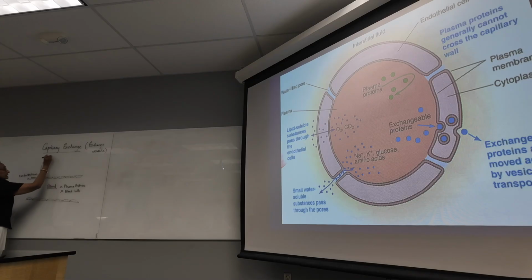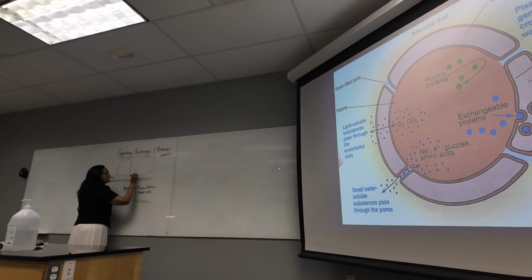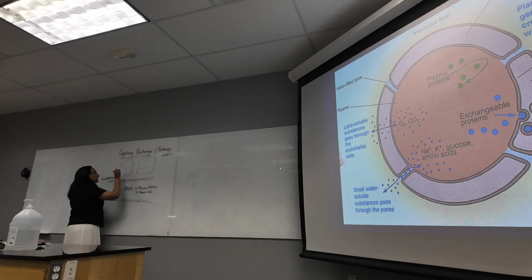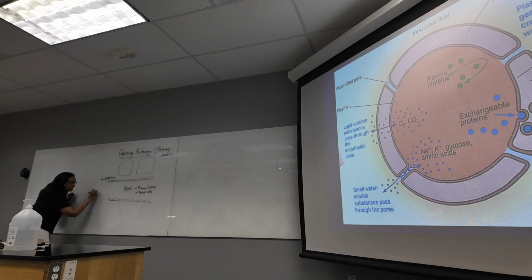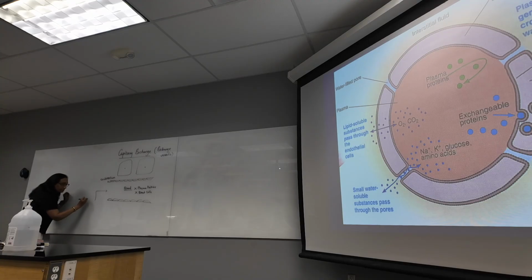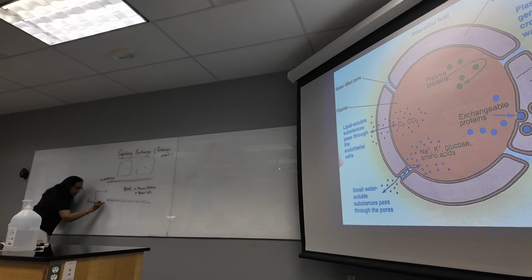Let's representatively draw some cells here. These are the tissues. As blood enters the capillary, this is the capillary, it is going to enter from the arteriole end.